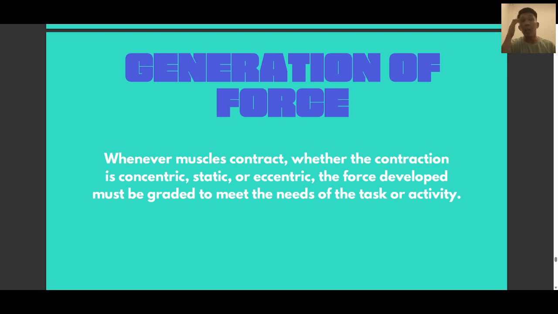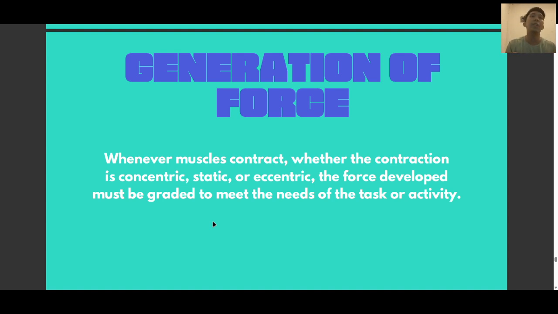And another example, when we generate force in our muscle, there is a difference when we consider the speed of muscle generation of force. Like in my golf example, you need speed, right? But when we lift an object or a dumbbell, the generation of force is different.